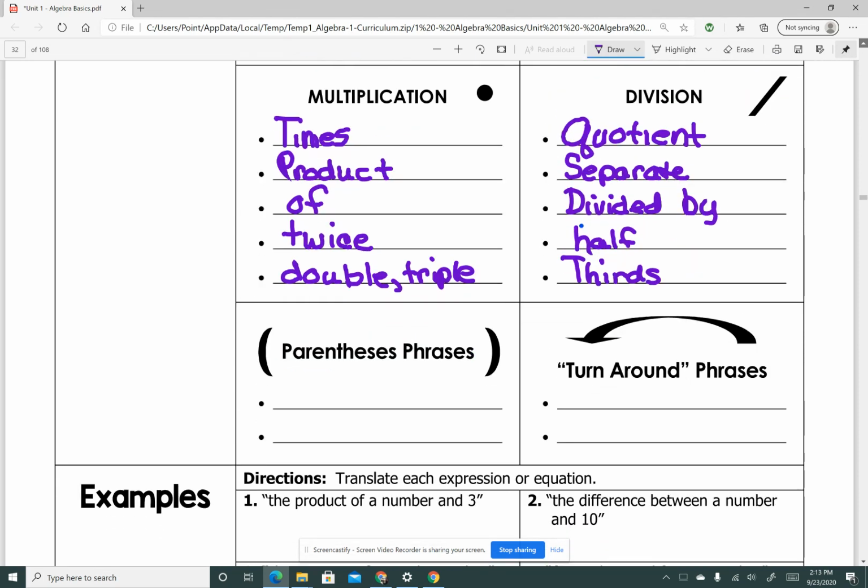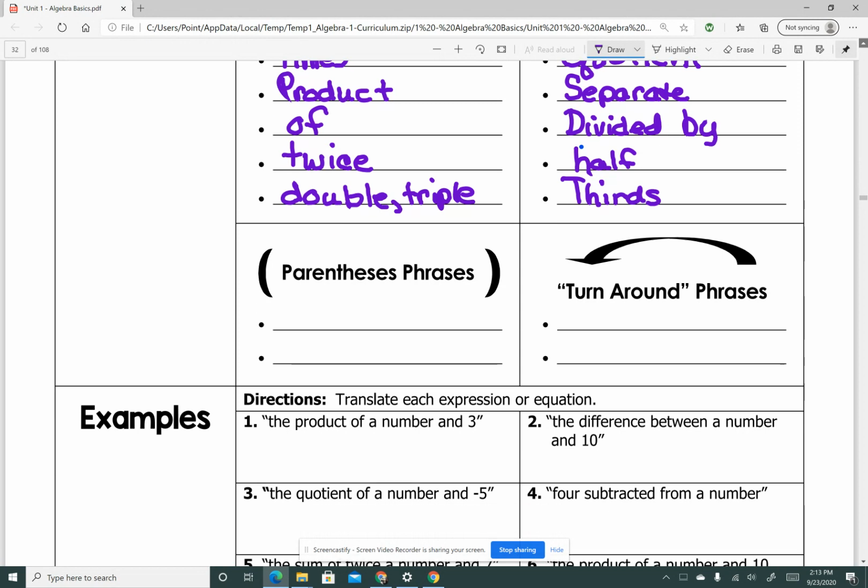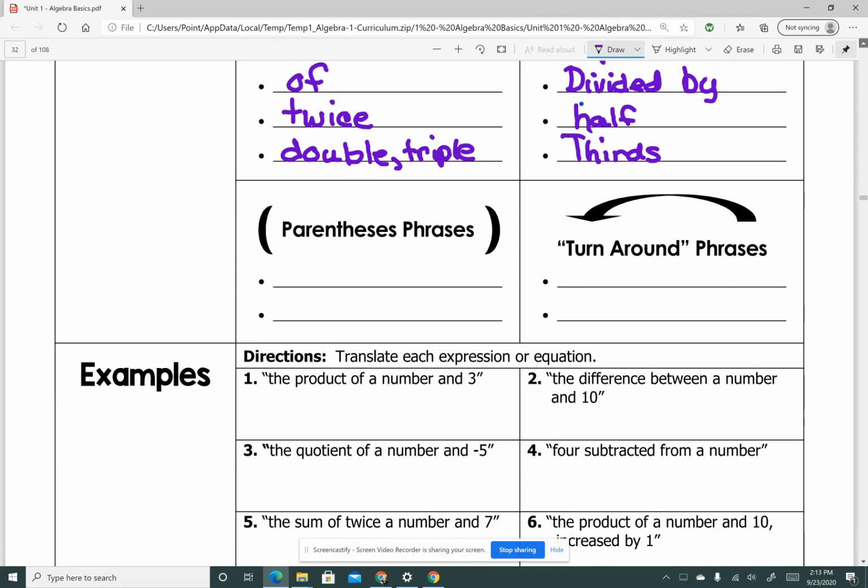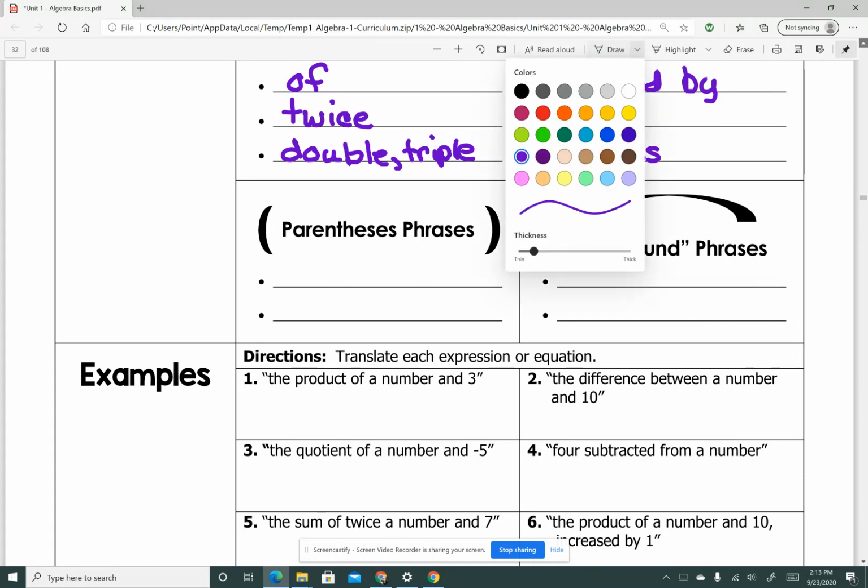Now, a couple of things I want you to be careful about. Sometimes we need to put quantities together using grouping symbols. So when we do that, we have parentheses or other grouping symbols that we use.